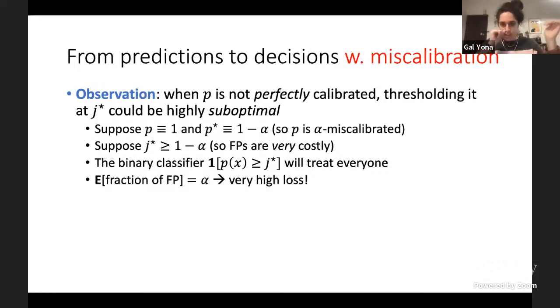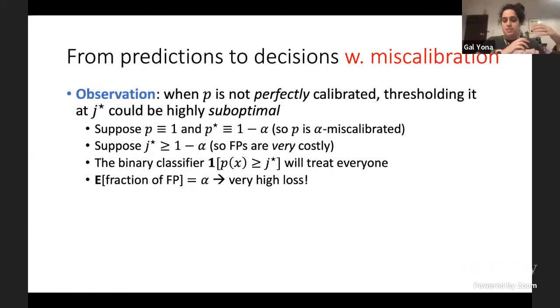Obviously a toy example, this gives rise to exactly alpha miscalibration. Now consider a decision problem for which J star, this optimal threshold, is very high. It's larger than 1 minus alpha. In particular, this means that false positives for this problem are very costly.